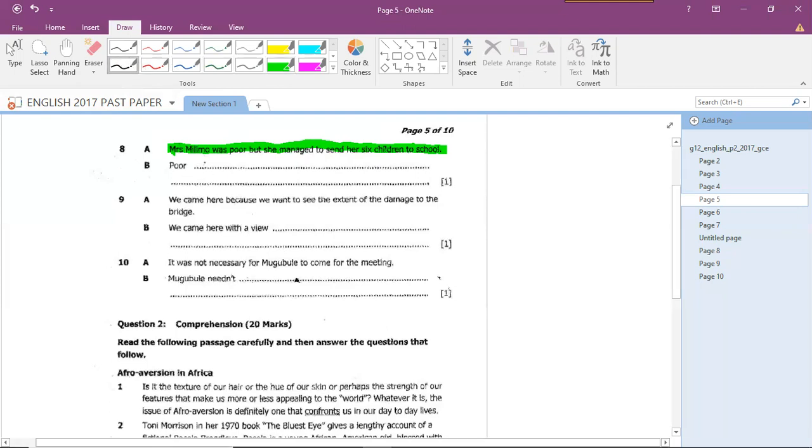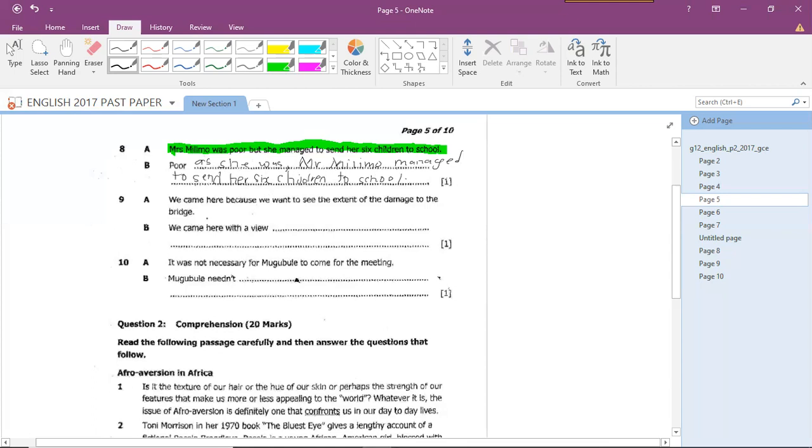So poor as she was, comma, Mrs. Millimore managed to send her 6 children to school. Same meaning. So poor as she was, comma, Mrs. Millimore managed to send her 6 children to school.